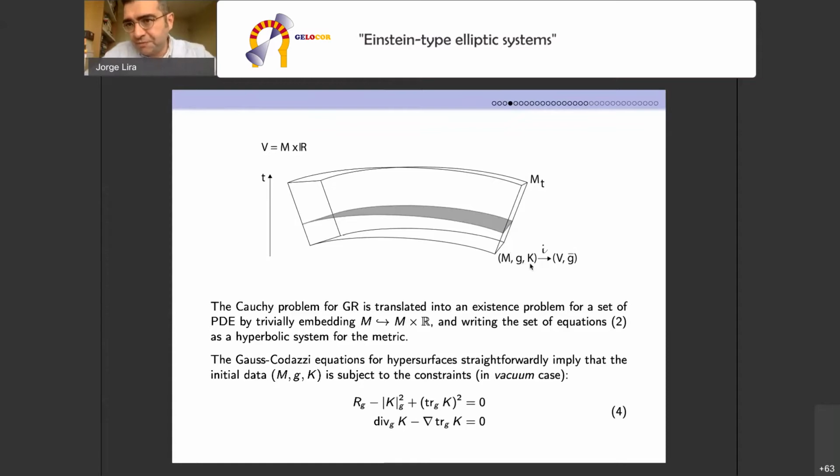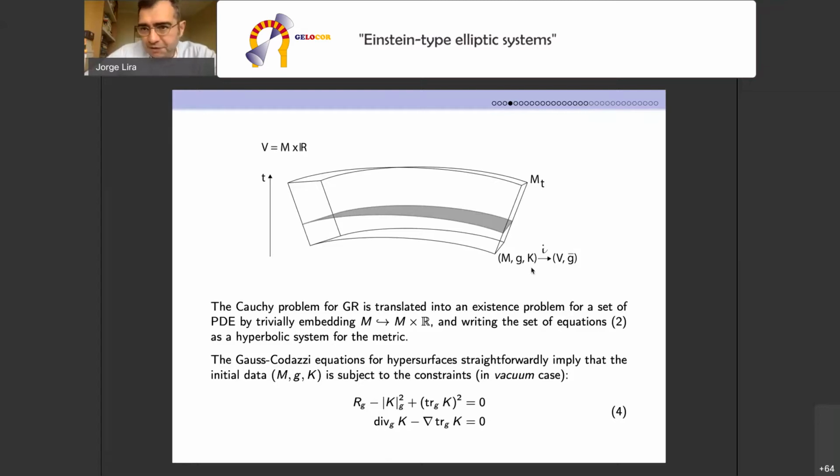So K is, from now on, just some bilinear symmetric form, pointwise defined on M. So K is a tensor, a formal tensor. And of course, it's hopeless to try to find some immersion for any pair of data G and K. You have to assume that G and K satisfy some compatibility equations.